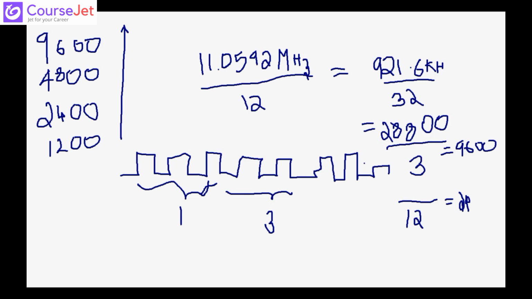So how are you getting 921.6? Suppose these are all 12; these 12 you call as 1, then the next set of 12 as 2, then the third set of 12 as 3. 12 pulses is equal to 1.